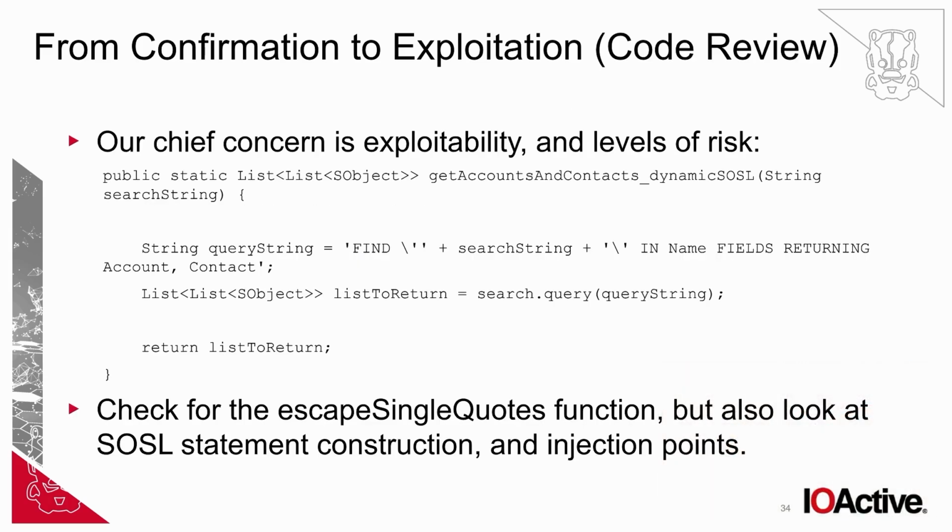So moving on from that, once you've got your list of things to identify and that clear idea of what exploitation actually means, you'd start to look at different instances of this in code review.